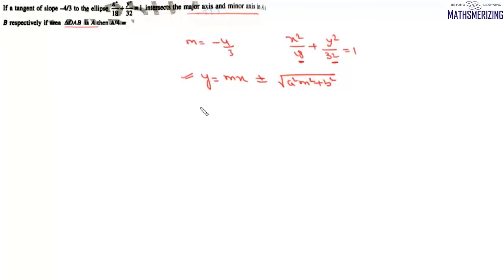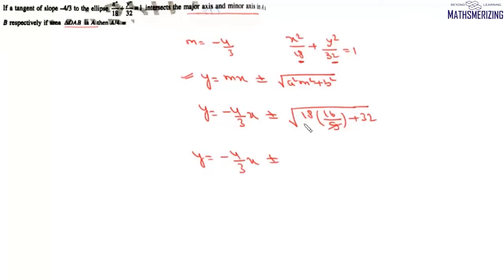So now we can write y equals minus 4 upon 3 x plus minus under root of a square, where a square is 18, then m square will be simply 16 by 9, and then plus b square which is 32. So we can write this equation as y equals minus 4 upon 3 x plus minus, now here it will be root of 32 plus 32, 8.